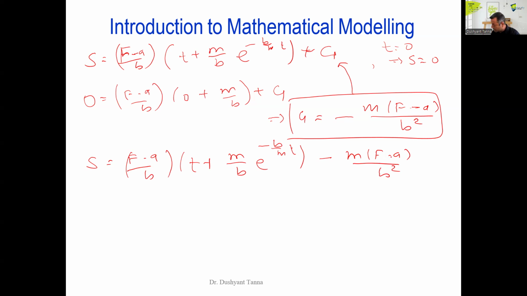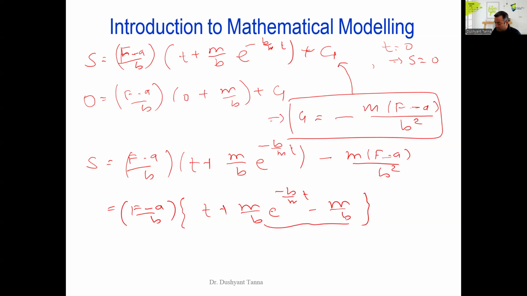So what we do, (F minus A) over B is common, we keep it outside. Inside is t plus m over B e raised to minus B over m t, and over here will be minus m over B. Again, as we can see, both have m over B, so 1 plus m over B, right? e raised to minus B t over m minus 1.